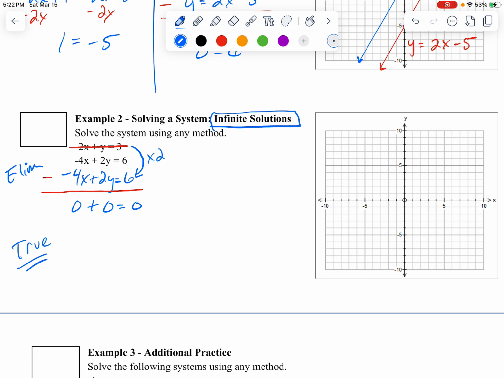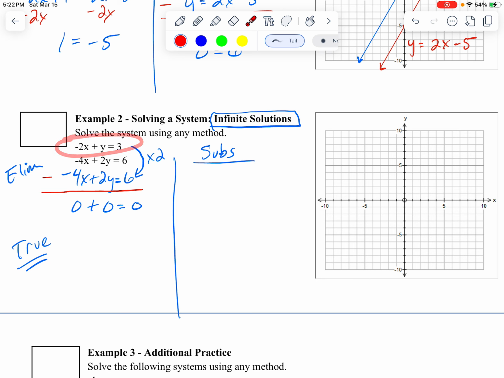We could do substitution. These don't really look nice to graph right away, but once we do substitution, we'll get it into that form, and it will make more sense to graph this. So this one looks fairly easy to get as x equals or y equals.